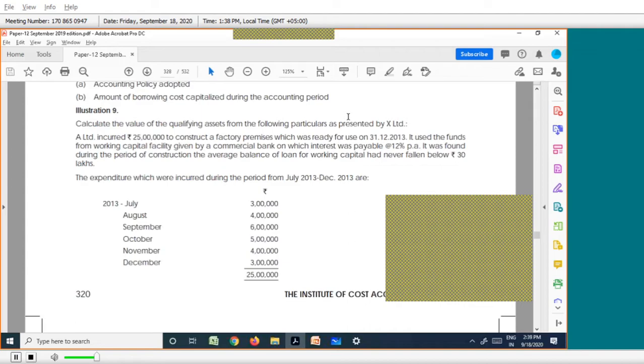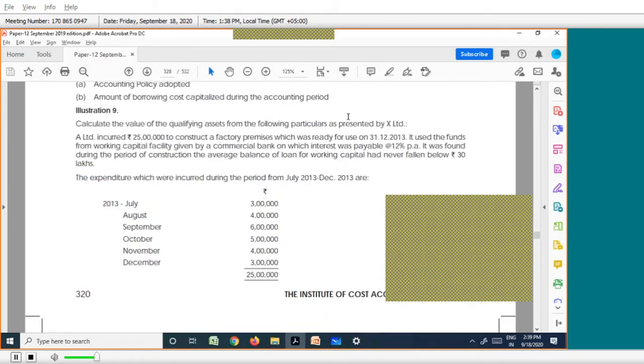As per the question, just look at the question. The expenditure was incurred during the period from July 13 to December. July month they utilized 3 lakh rupees, August 4 lakh, September 6 lakh, October 5 lakh, November 4 lakh, December 3 lakh.